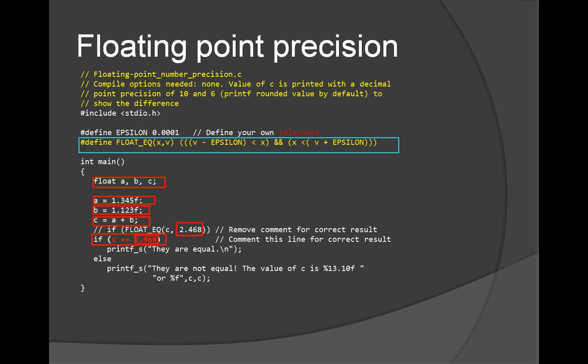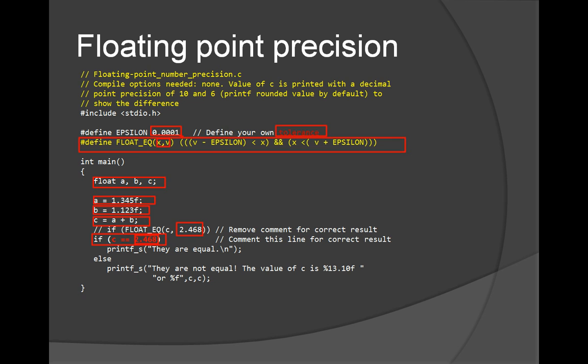Then what we should do? We should do something like this. Let's try to understand what this macro is doing. So this macro is checking whether the difference between these two values is within this limit. This is something we are calling tolerance. So if the difference is less than this tolerance, we are going to consider it equal.